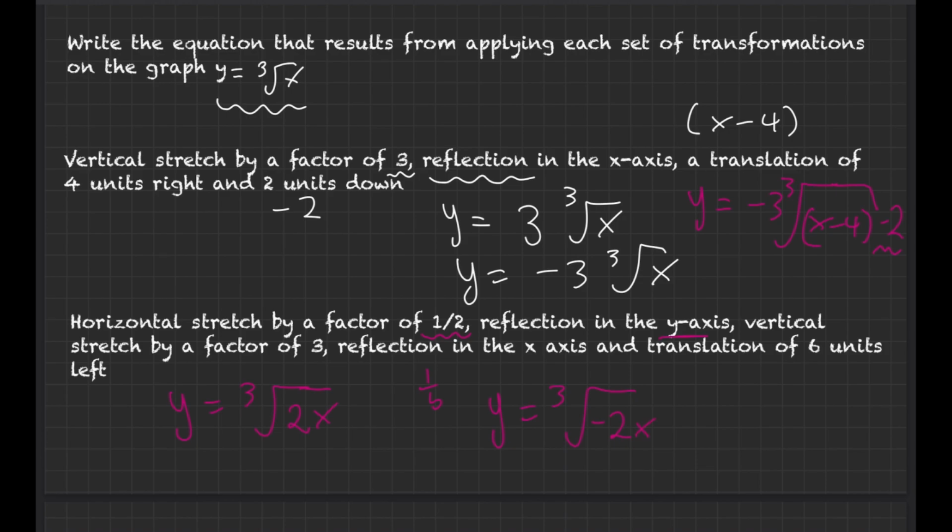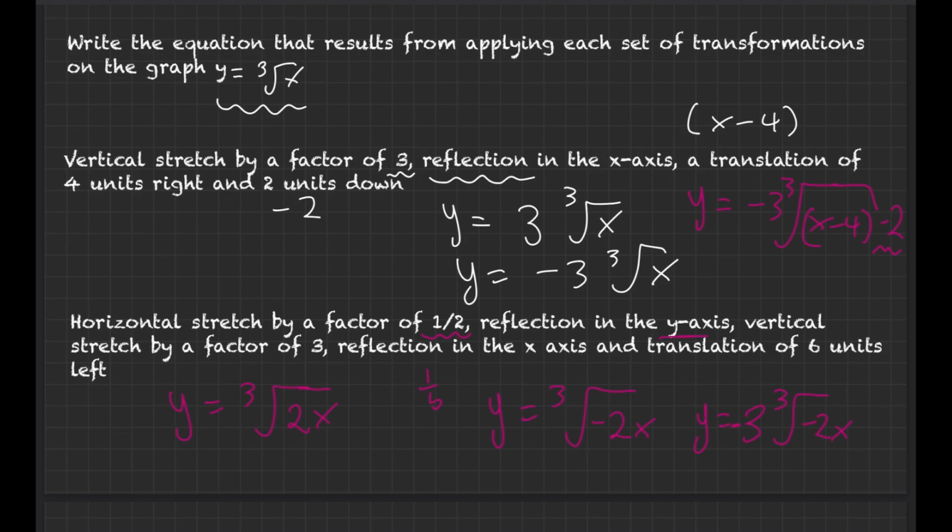And then it's a reflection in the y-axis, so that's going to make it negative 2x, and then vertical stretch by a factor of 3, so we can put a 3 out there. And then reflection in the x as well, so let's make it negative.